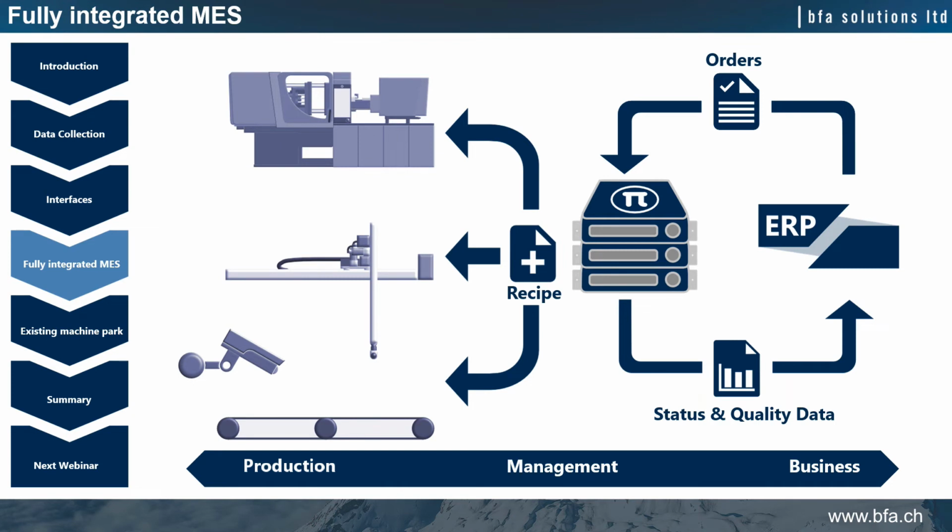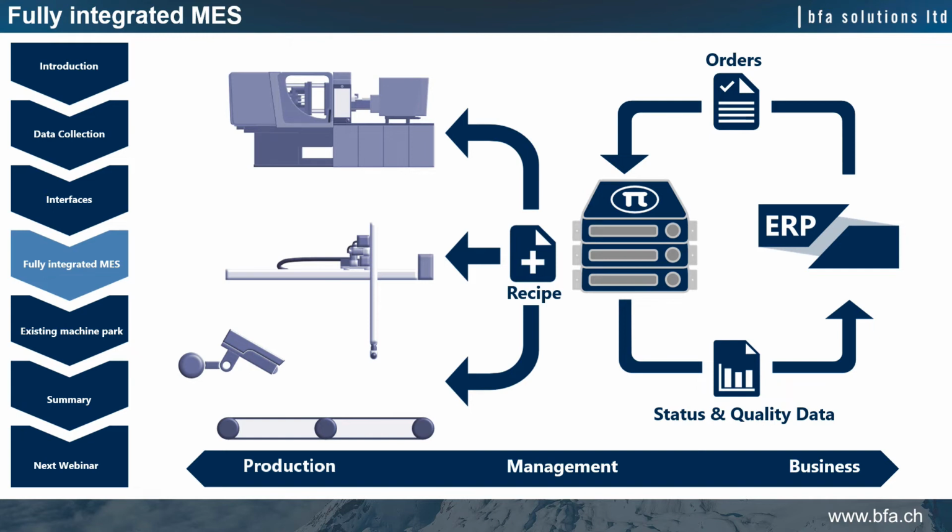So here you can see an example of a fully integrated MES system connected to the injection molding machines. All peripheral equipment such as robots, automation, inspection, assembly, hot runners, etc. In addition to the vertical integration between production management and business level, it's all part of the solution.